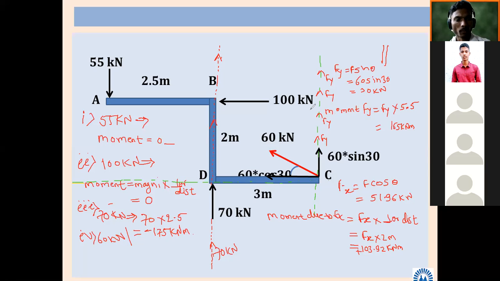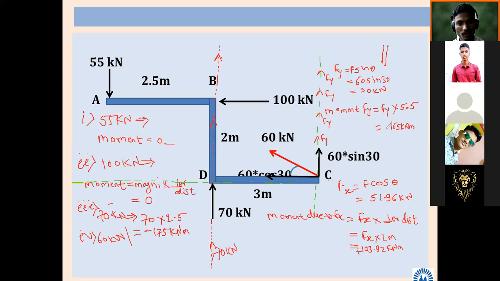Clearly, with your left hand you can fix point A, imagine point A is fixed and Fy force is applied in this way. How will this object rotate after application of Fy force? Clockwise or anti-clockwise? Anti-clockwise. Confusion is removed.